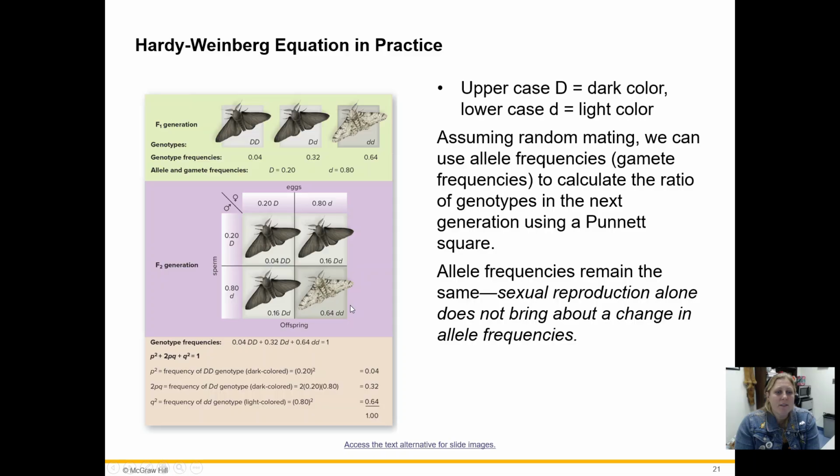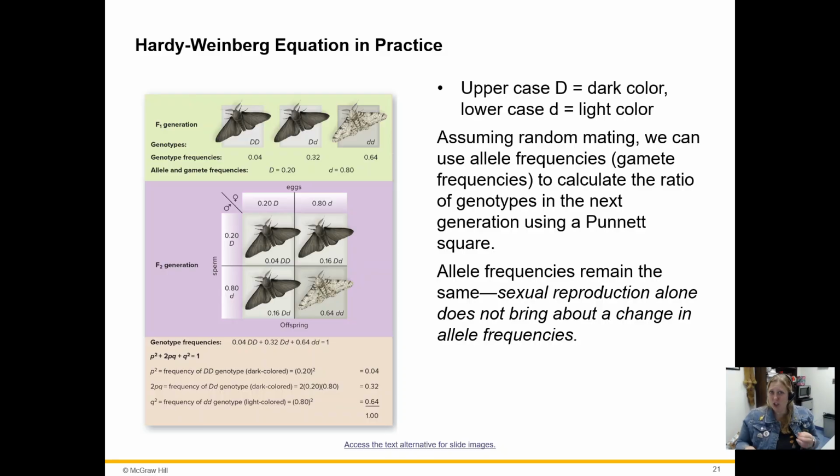And then 0.7 times 0.7 is 0.49. So I would end up having a second generation that would be 9% homozygous dominant, right? 42% heterozygous, and 49% homozygous recessive.